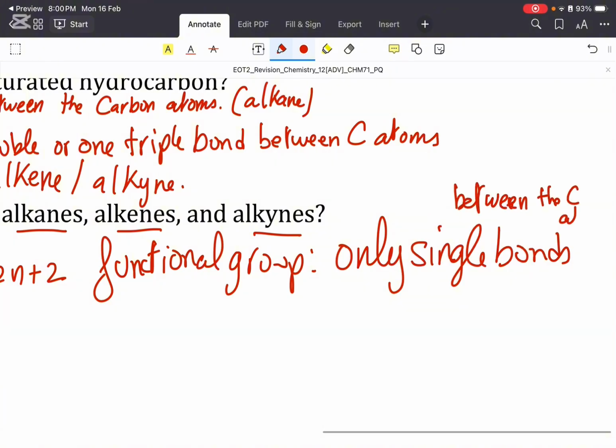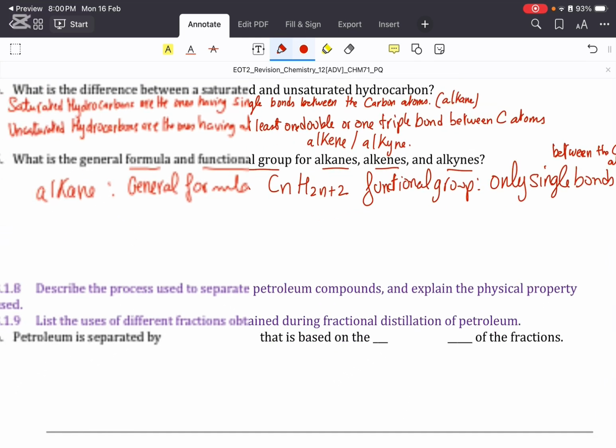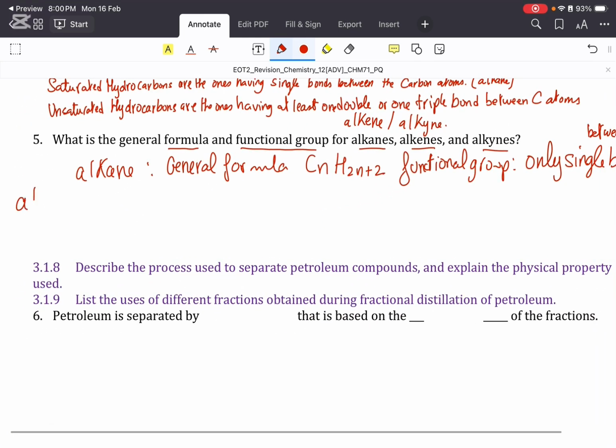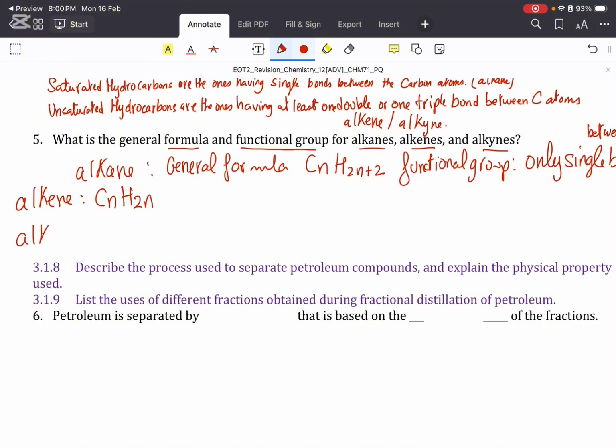Now, alkene, the general formula is CnH2n, whereas alkynes, their general formula is CnH2n-2.